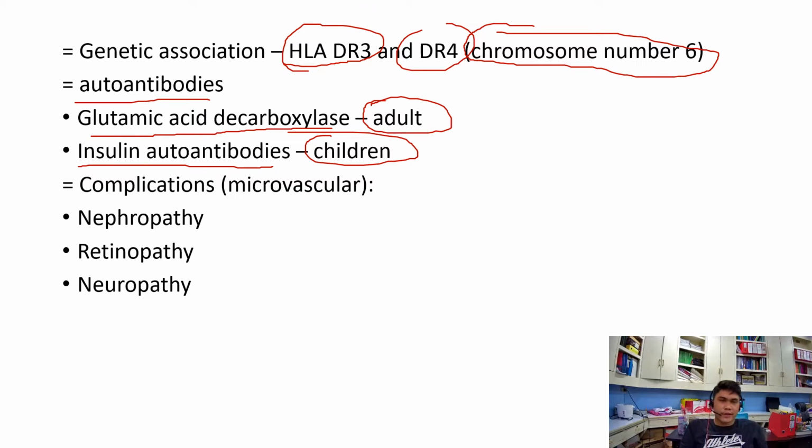Now, for the complications, usually the complications of type 1 DM are more microvascular, so small blood vessels. For example, you have nephropathy, that is kidney damage. So type 1 DM patients are prone to nephropathy or kidney damage. The next is retinopathy, that is eye damage or blindness.